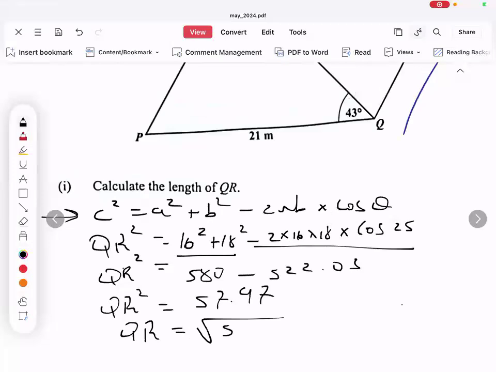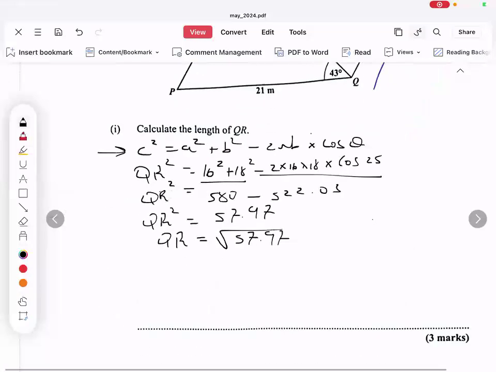And that's equal to the square root of 57.97. Yes, that's what I got. Yes, sir, that's the same thing I got too. The square root of 57.97 is 7.61. So this length is 7.61.